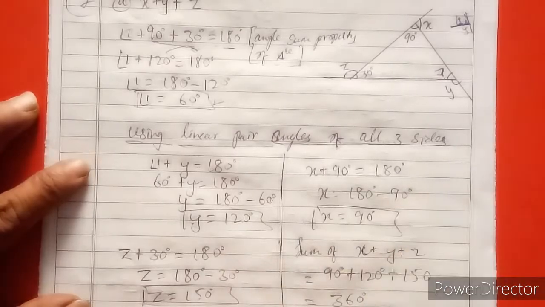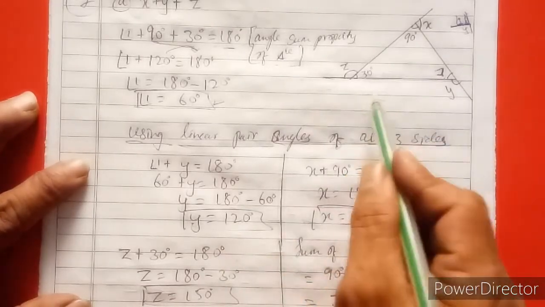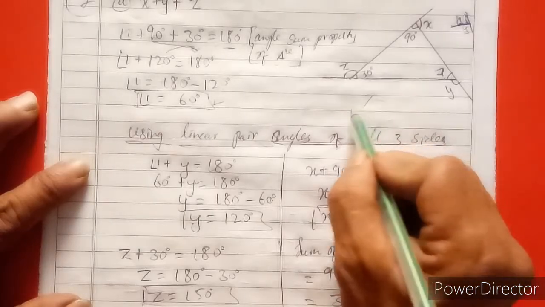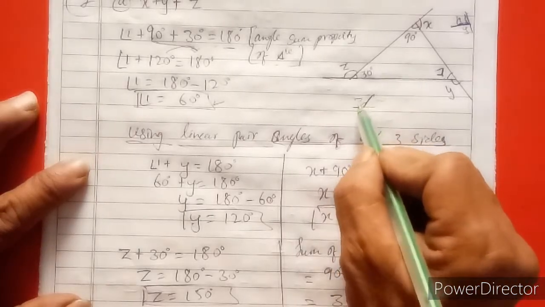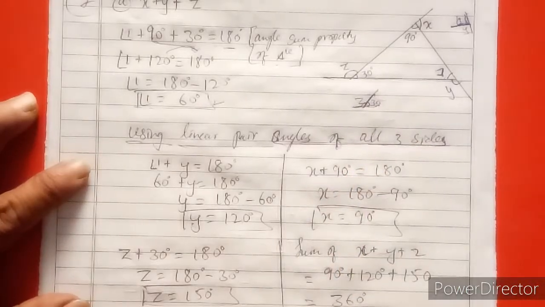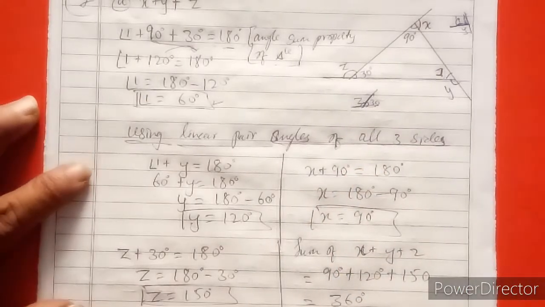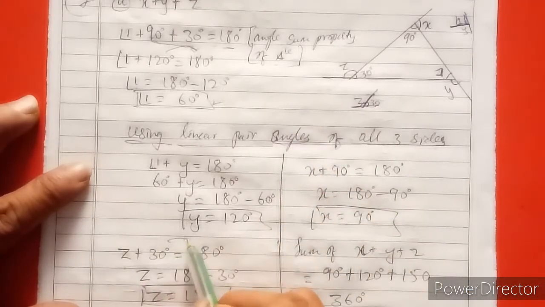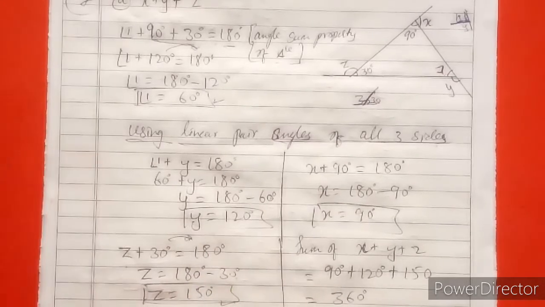Similarly, I will take z also, this is also an exterior angle, for linear pair angle. See this line, this is the line we have taken for the linear pair angle. z plus 30 degrees is equal to 180 degrees. z is equal to, if I transpose the 30 this side it becomes a minus sign, 180 minus 30 is 150 degrees.